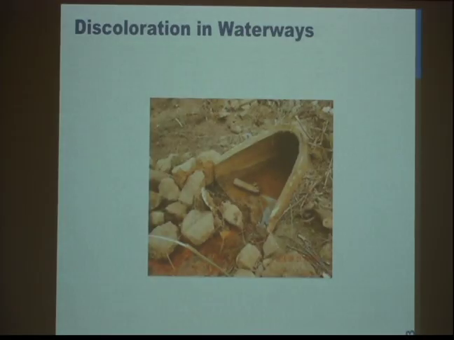Here's some orange discoloration in the waterway. This wasn't taken in town, but we do get calls for this. I don't know if you guys know, but we did have wells at one point, and the water out there was high in iron. And we do have streams.